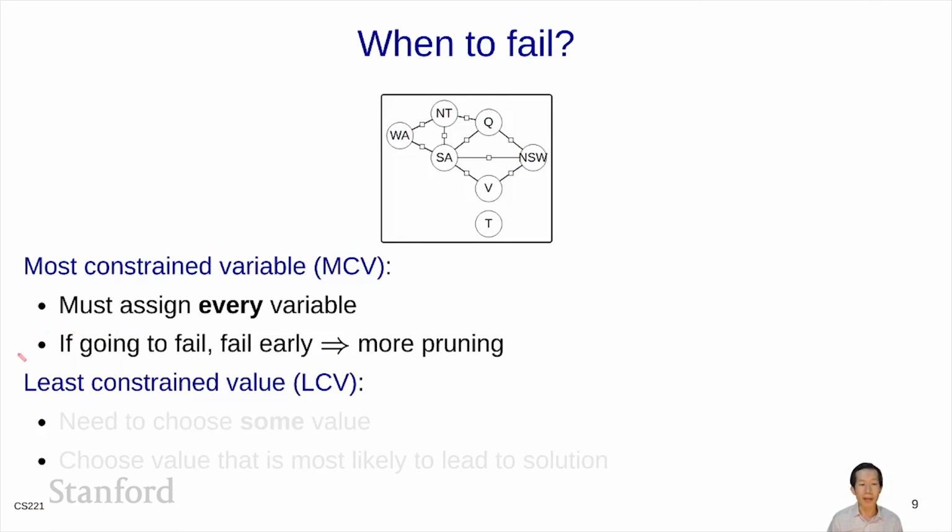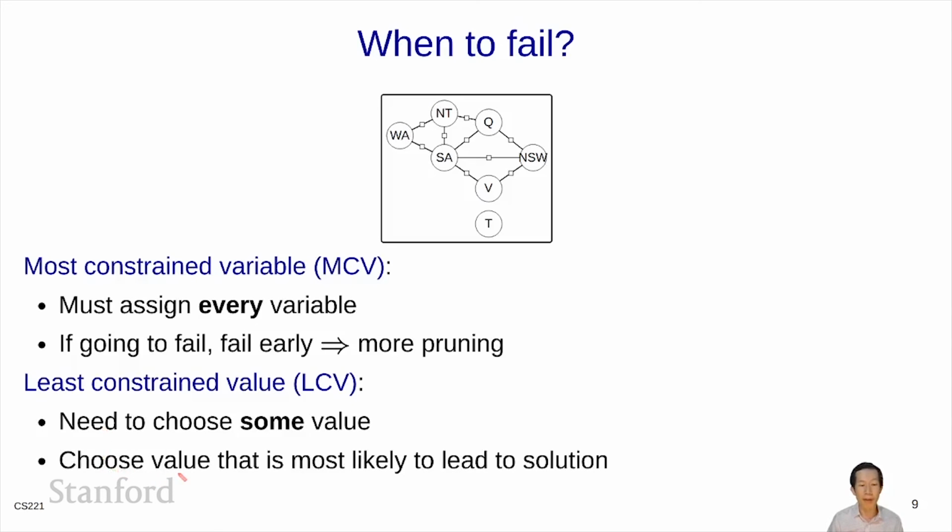On the other hand, values are those that we're going to choose. We just need to choose some value for each variable. So what we're going to try to do is choose the value that is most likely to lead to a solution. It doesn't matter if some value is going to cause trouble, because if we choose a value that happens to work, then maybe we'll be happy.